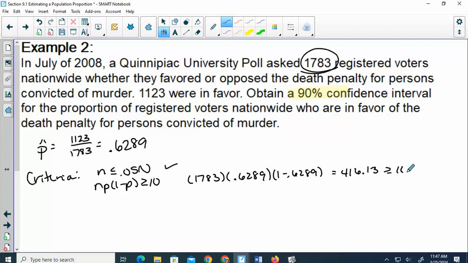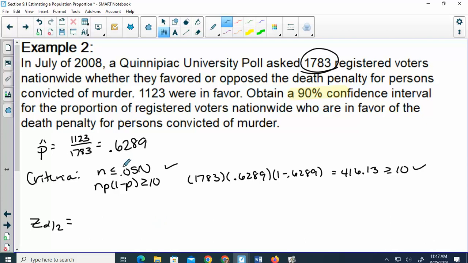So that's definitely bigger than 10. So that criteria is met. So far, so good.